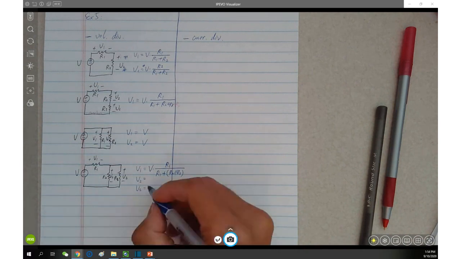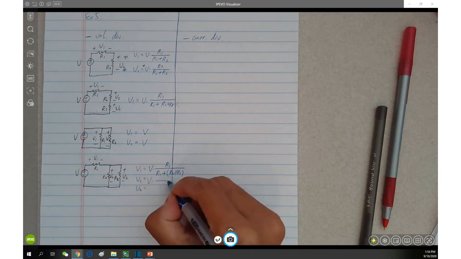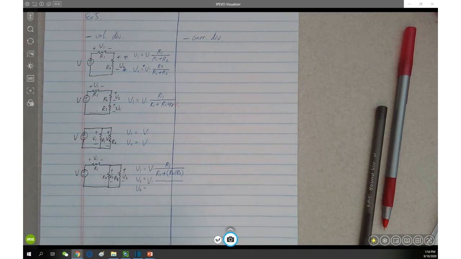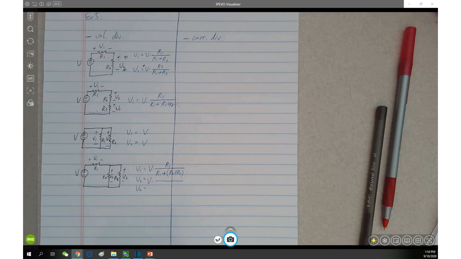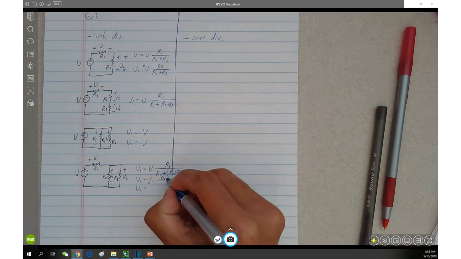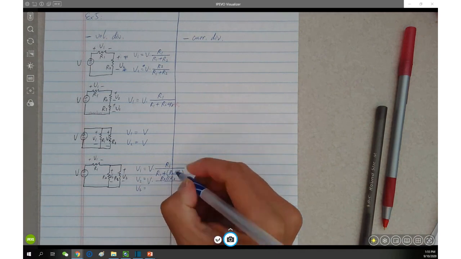And then V2 equals to what? Total voltage again, times, who's in the numerator? Anyone knows? V2. Who's in the numerator here? R2. Any other answer? No, it's not R2. Who's in the numerator? Very good. Daniel is correct. R2 parallel with R3.